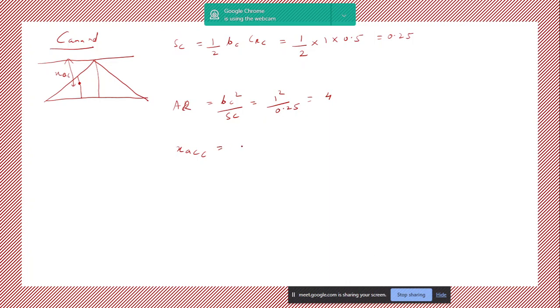XACC was, what will it be? CR. Okay, so this small quantity is C bar by 4 plus what? Plus this remaining part is what?